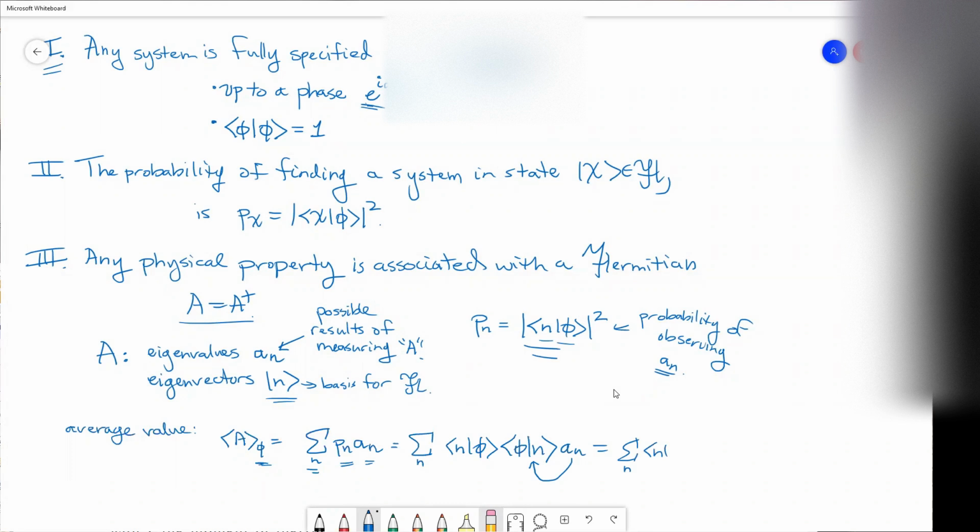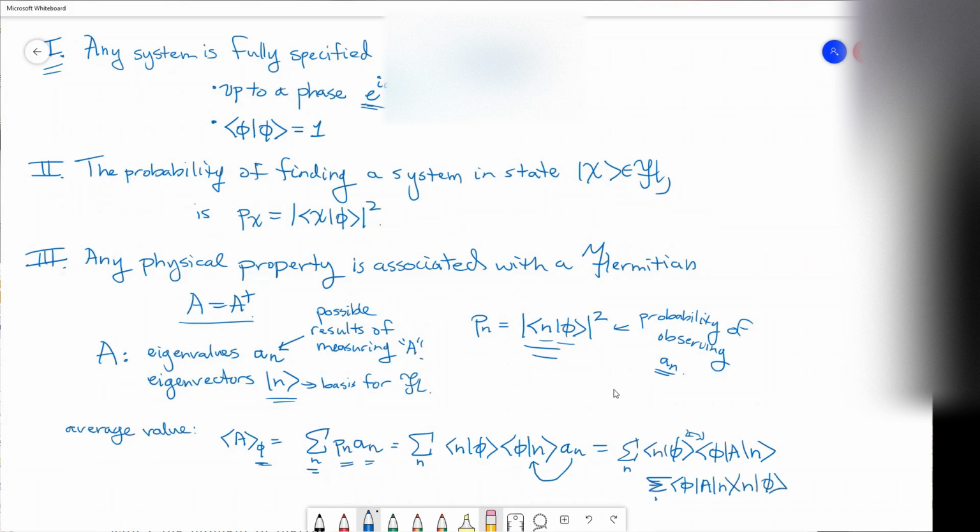So you've got <n|phi>, and then I'll stick the a in here because |n> is the eigenvector associated with the eigenvalue. And now this is nice. We can switch these around, and what do we get? We get <phi|a|n><n|phi>, and look at that.